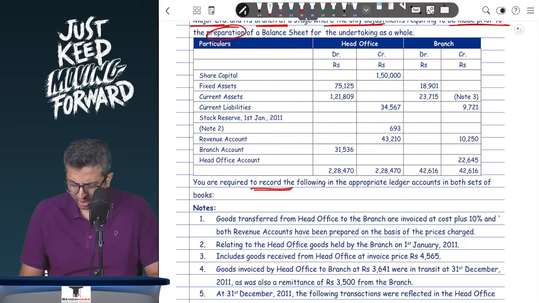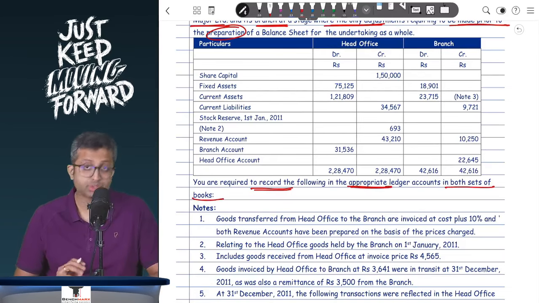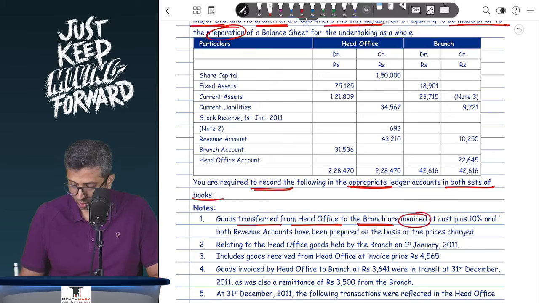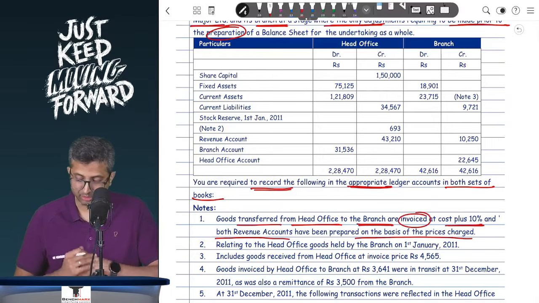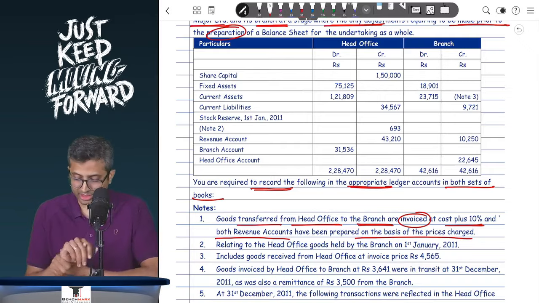You are required to record the following in the appropriate ledger in both sets of books. Goods transferred from head office to the branch are invoiced at cost plus 10%, and both revenue accounts have been prepared on the basis of prices charged. So this is general information. Invoice price is cost plus 10%.